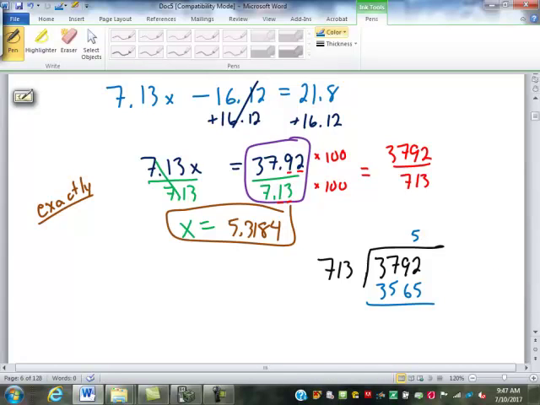So now I subtract. So I borrowed, that's 12 minus 5 is 7. 8 minus 6 is 2. 7 minus 5 is 2. So there's 227 left over. So that's 5 and 227 713ths.